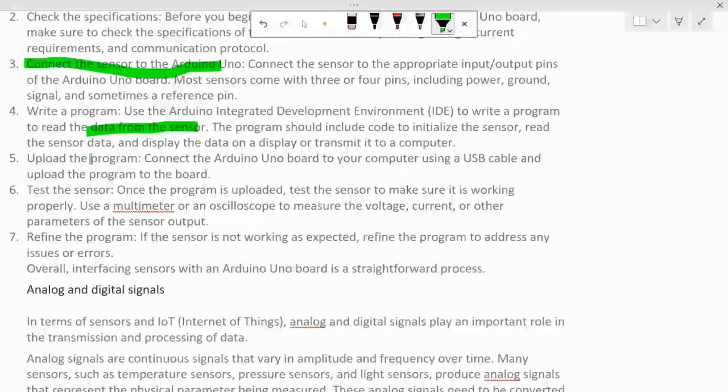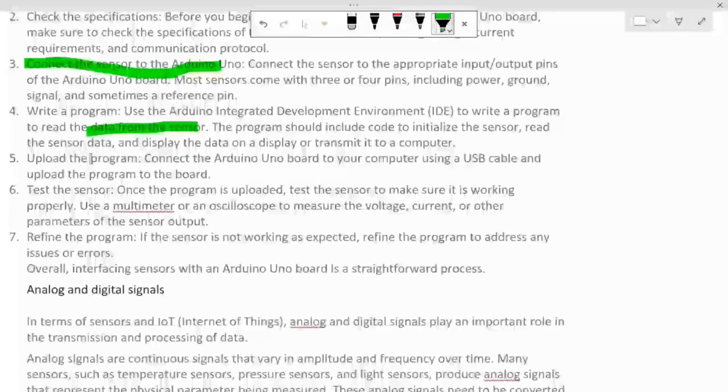Once the program is uploaded, test the sensor to make sure it is working properly. Use a multimeter or an oscilloscope to measure the voltage, current or other parameters of the sensor output. Always when we make a circuit or a solution, we check whether it is working properly or not.